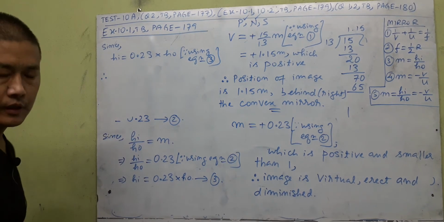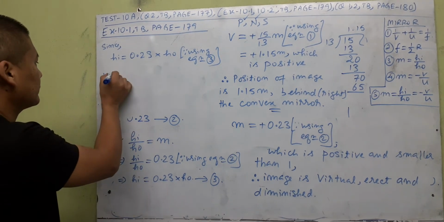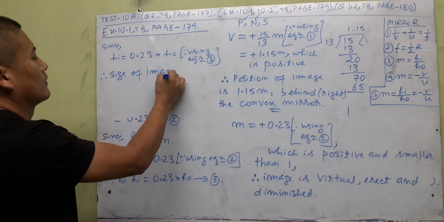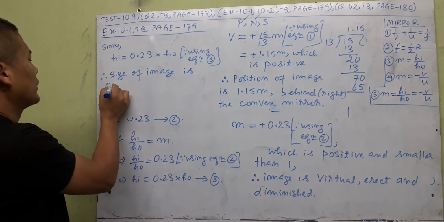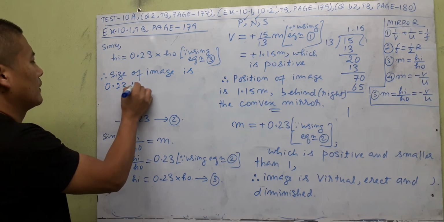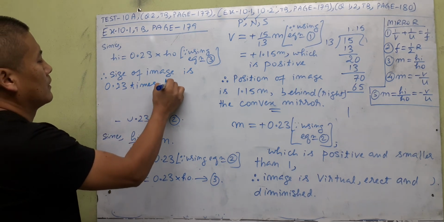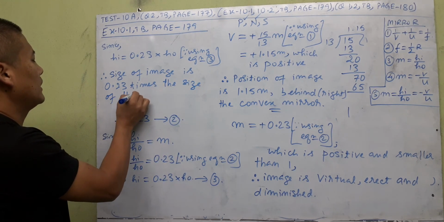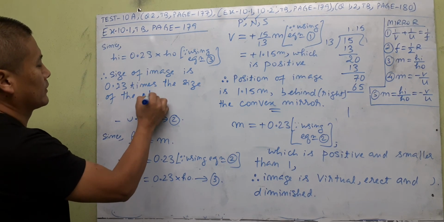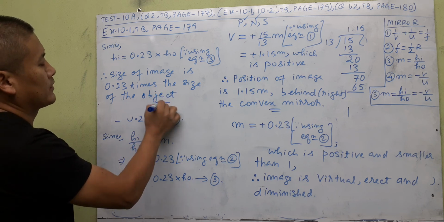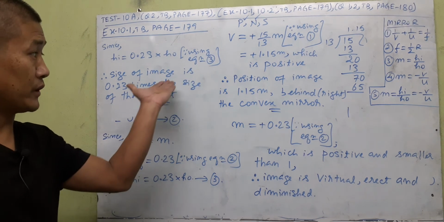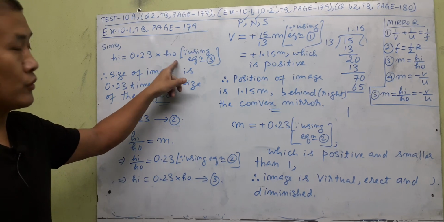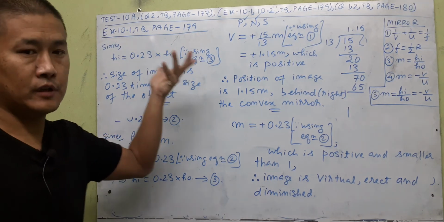Therefore, we can write here, size of image is 0.23 times the size of the object, what HO means. We cannot get the real size, so if the question is asking size, we can just tell the comparative size in terms of HI and HO, because they did not give us the HO value also.